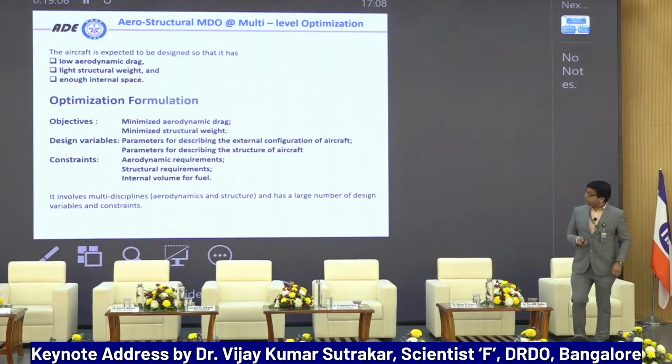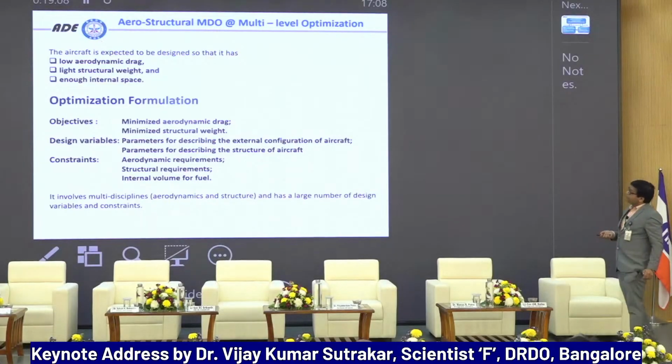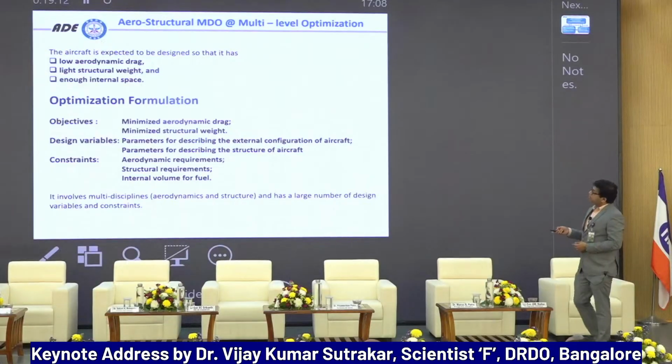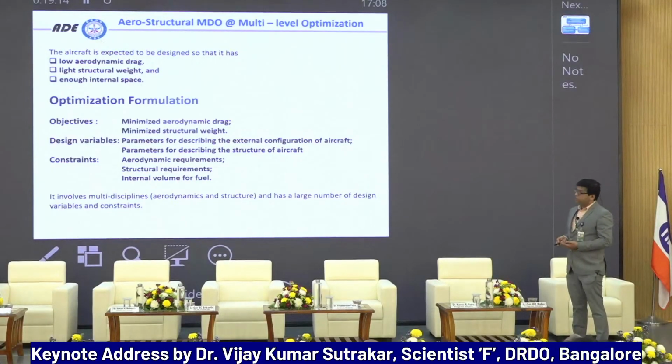So one problem I have shown here. When we design a conventional aircraft, we are looking for low drag. People will say it should have a light structure, and I should have enough internal space so I can carry more fuel, more sensors and other LRUs on the particular aircraft. So the requirement comes like this.